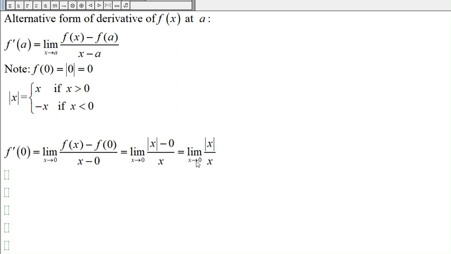And to find the limit of the absolute value of x divided by x as x approaches 0, what we can do is find the limit from the left of 0 and then the limit from the right of 0. So we want to approach 0 from the left and then approach 0 from the right, and then compare the limit from the left and the limit from the right and see if they're the same or not.